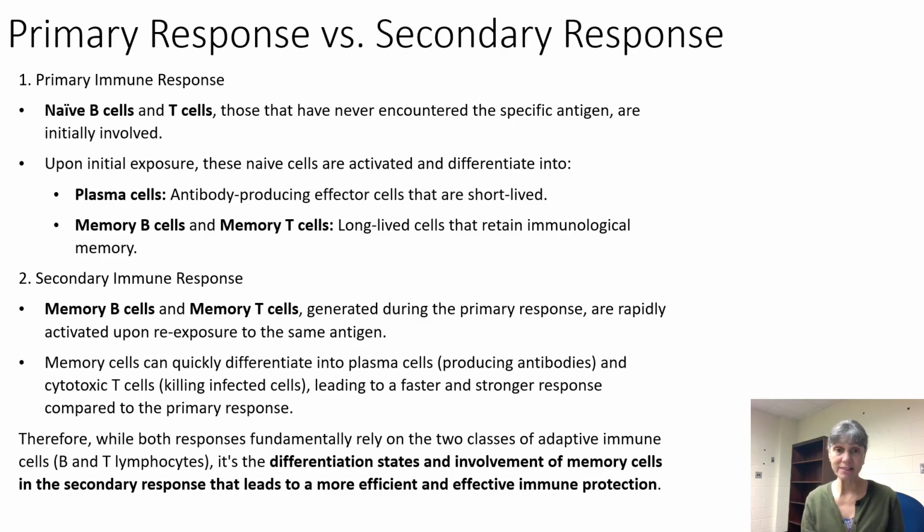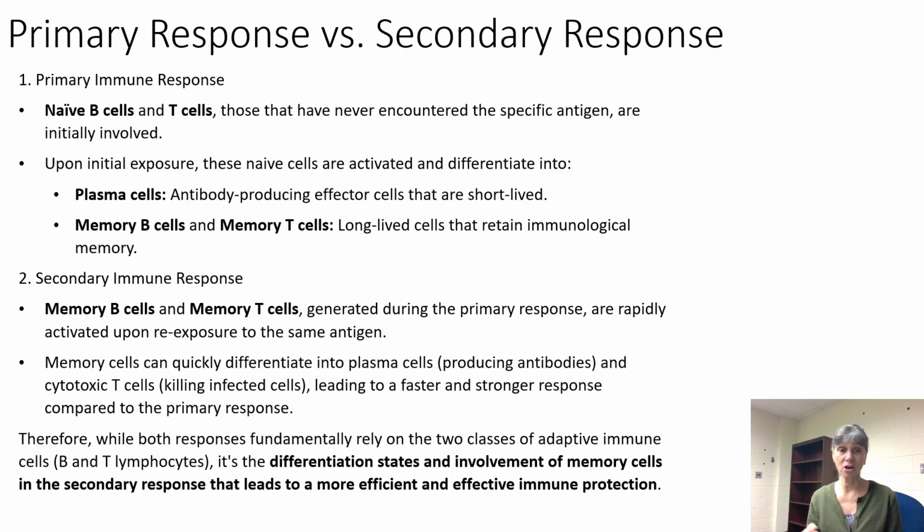Memory B cells and memory T cells that were generated in that initial primary response can now be rapidly activated upon re-exposure to that same antigen. And memory cells can very quickly differentiate into plasma cells, able to produce even more antibodies, and cytotoxic T cells that can kill infected cells.